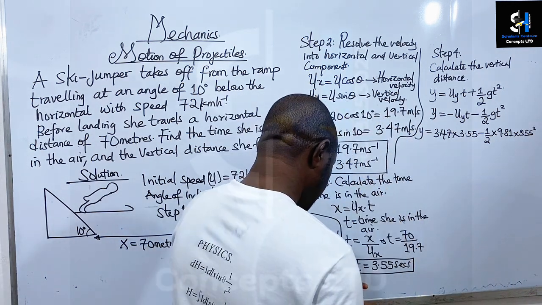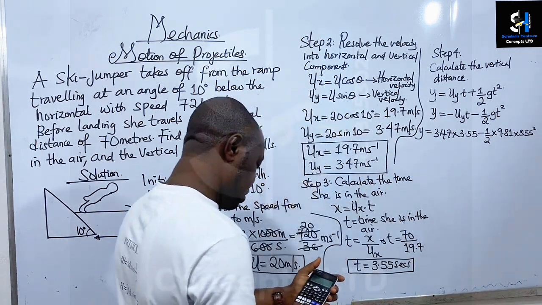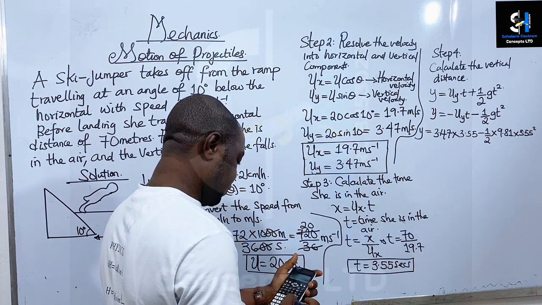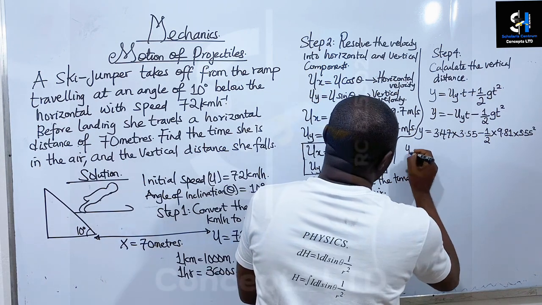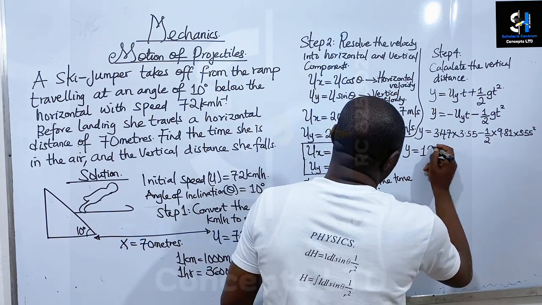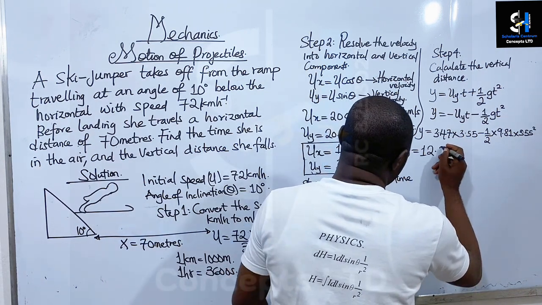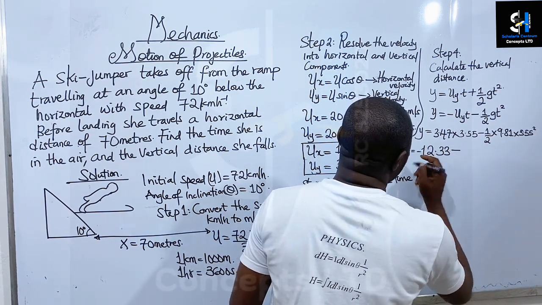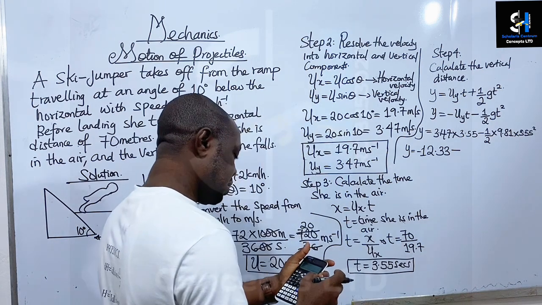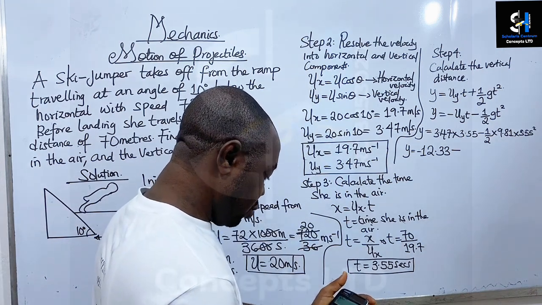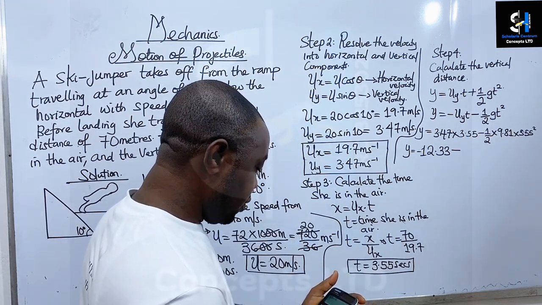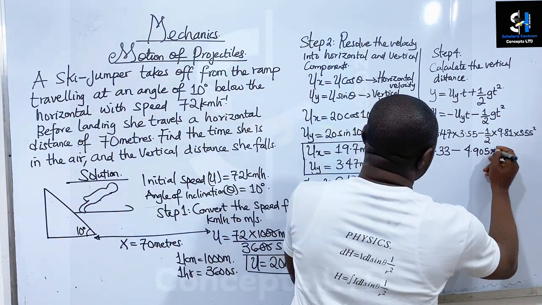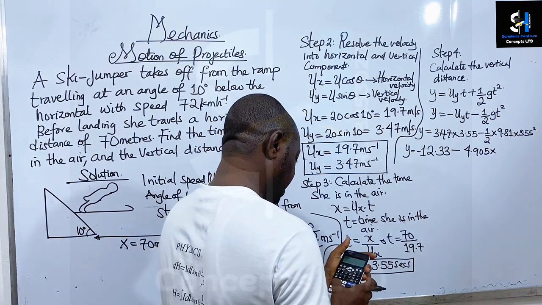So 3.55 multiplied by 3.47 is 12.33, with the minus. Now 9.81 divided by 2 is 4.905, then multiplied by 3.55 squared.